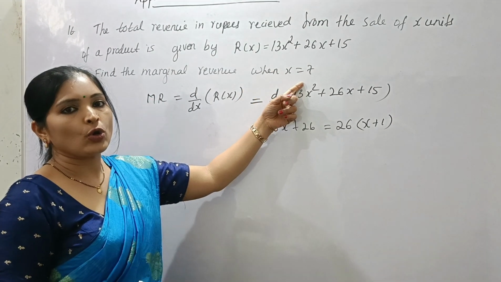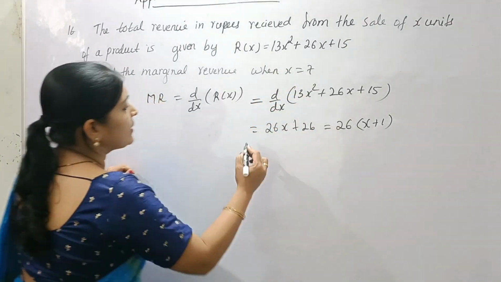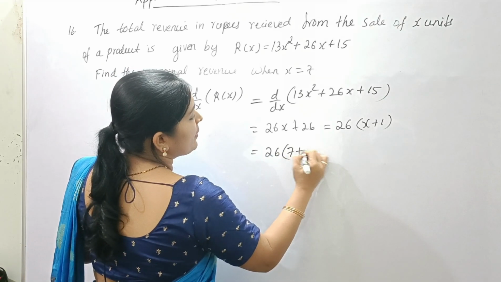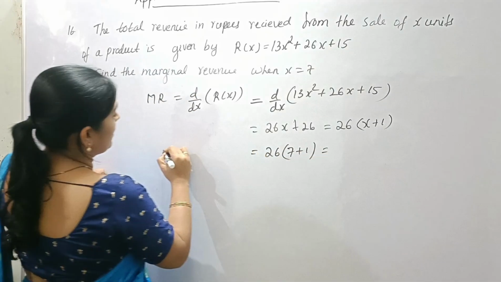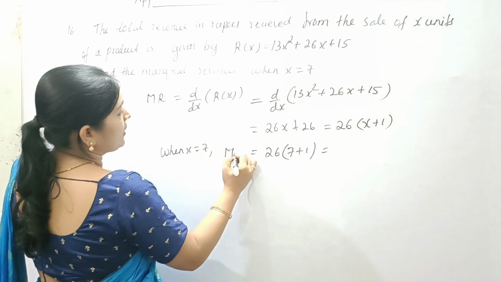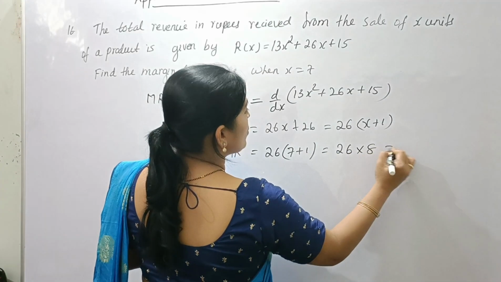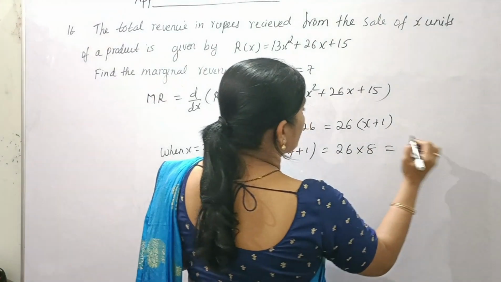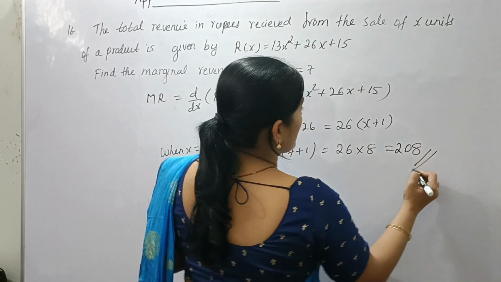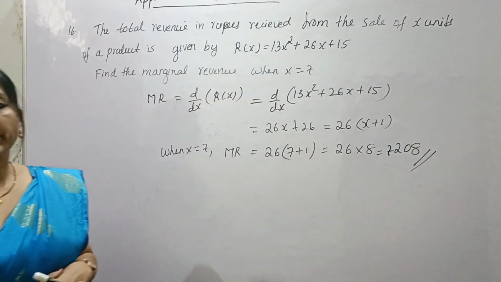What is x? When 7 units are sold, x is equal to 7. That implies 26 into 7 plus 1, so when x is equal to 7, MR is equal to 26 into 8, which is rupees 208.